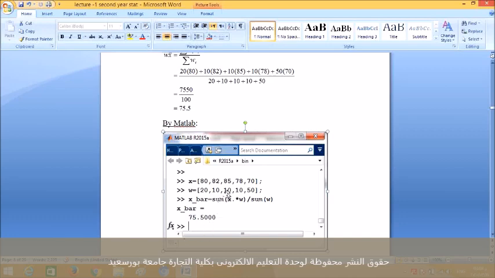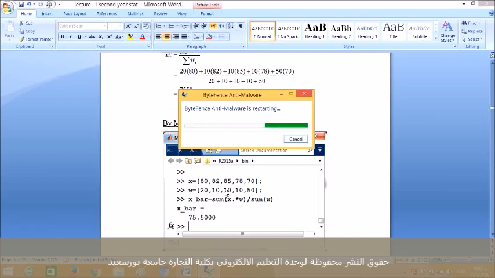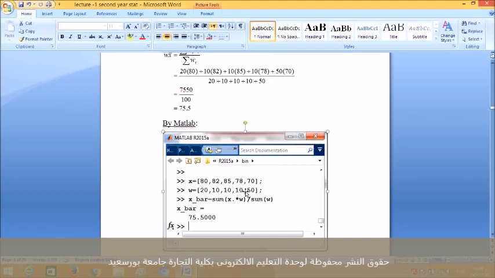So the data is written as a row vector like this: x equal square brackets and the observations, and the weights must be written in the same way like this. This is the weight of midterm, and the weight of the monthly exams, and the weight of the final exam.